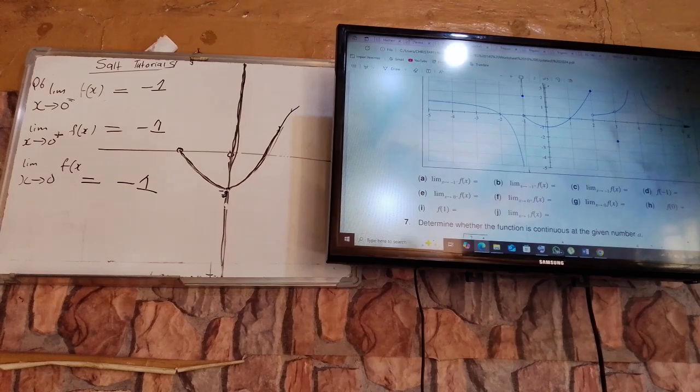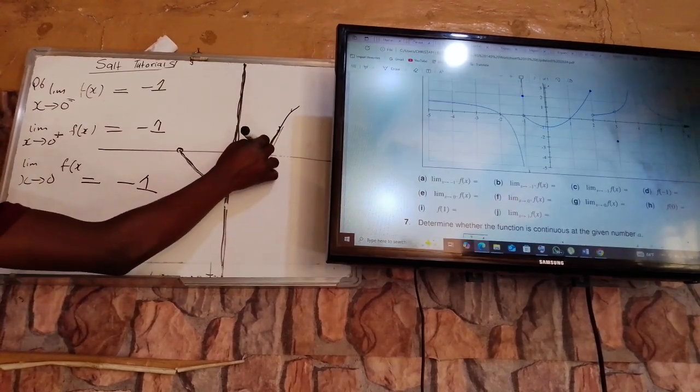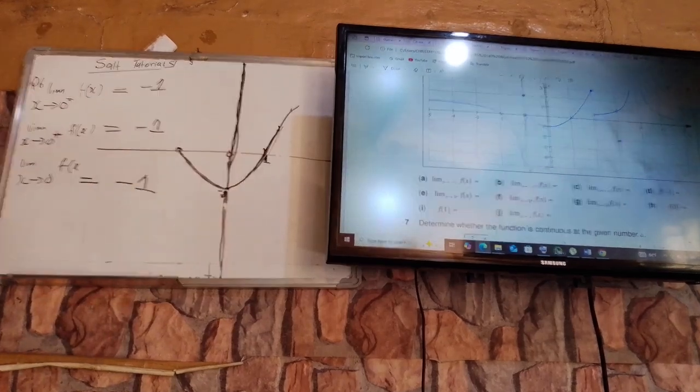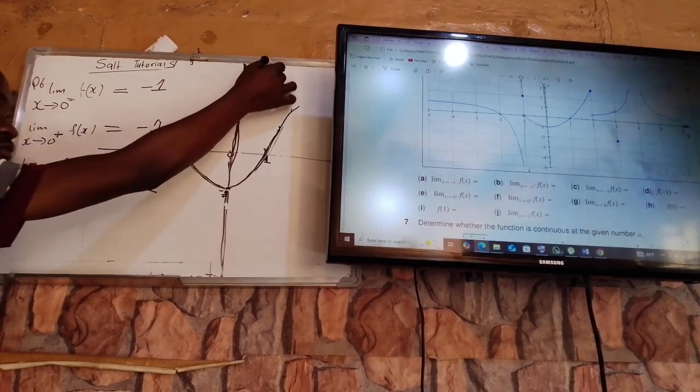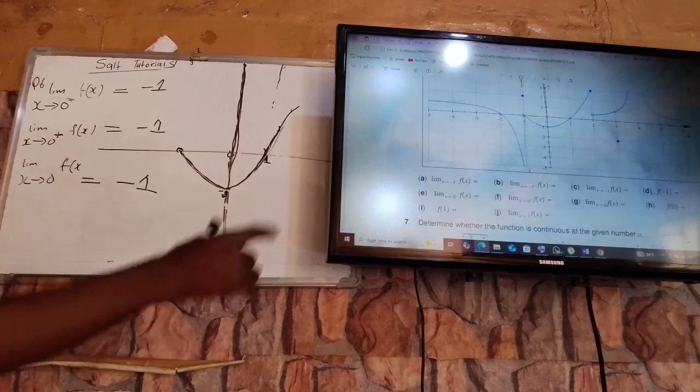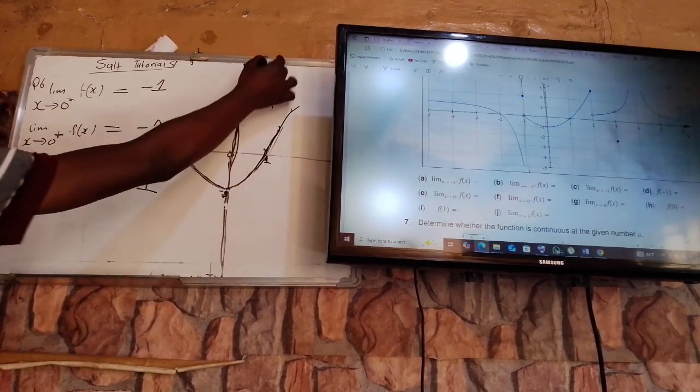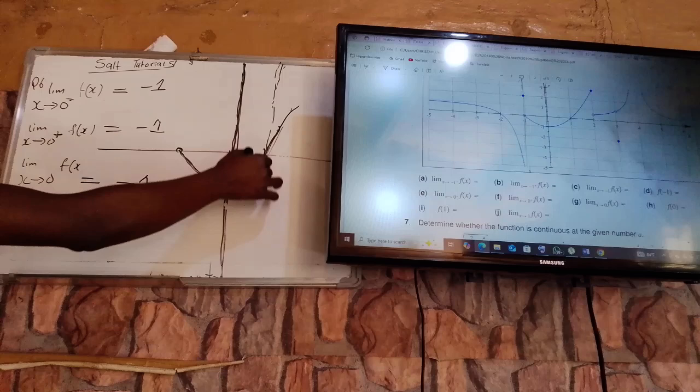The same is happening if you wanted to find f of 1. 1 is here. So if you draw a line at x equal to 1, the limit as x approaches 1 is at this particular point.